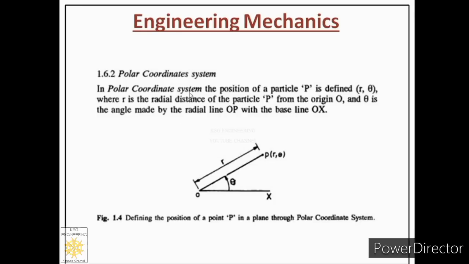So in the polar coordinate system, the position of the particle P is defined as r comma theta, where r is the radial distance of the particle P from the origin O, and theta is the angle made by the radial line OP with the baseline OX. So we use these two coordinate systems whenever we solve problems in this particular course.